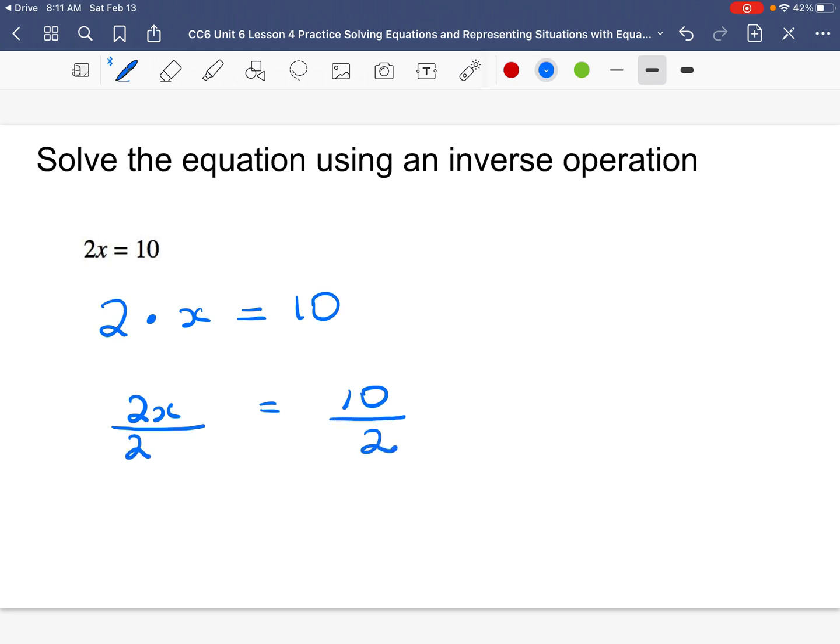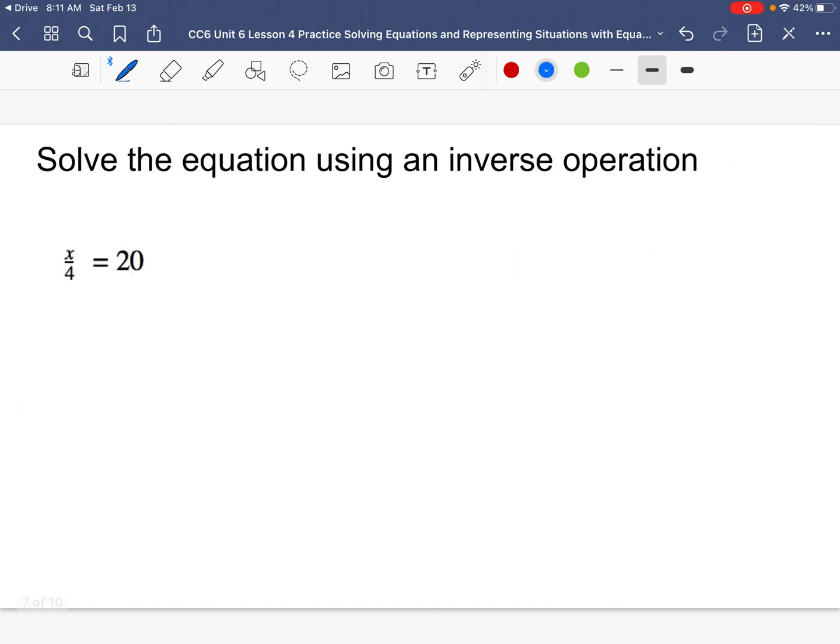Divide them both by 2. And 2 divided by 2 is 1. So I'm left with just x here, and 10 divided by 2 is 5. So we've used the inverse operation of division, and we've got a solution of x equals 5 that makes the equation true.